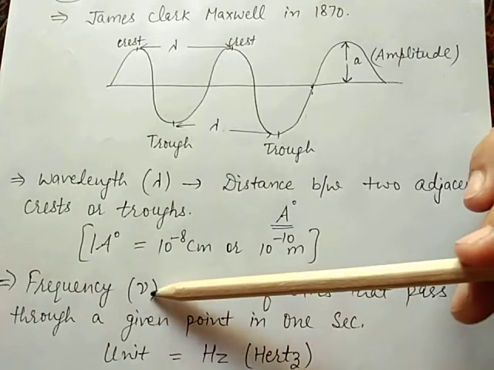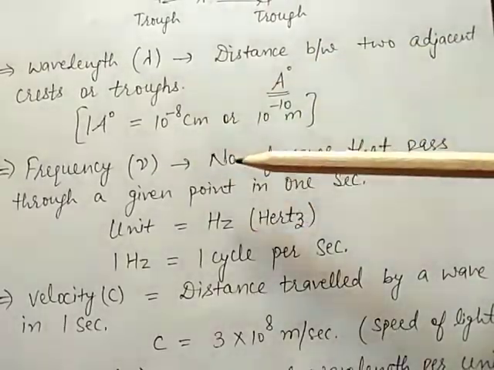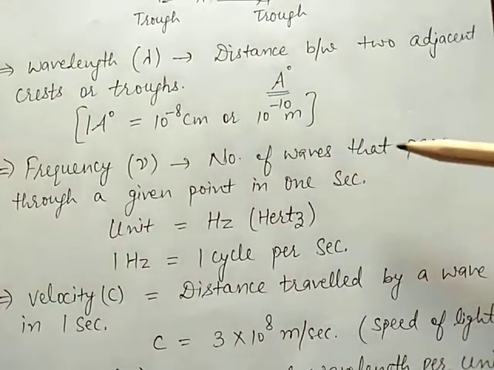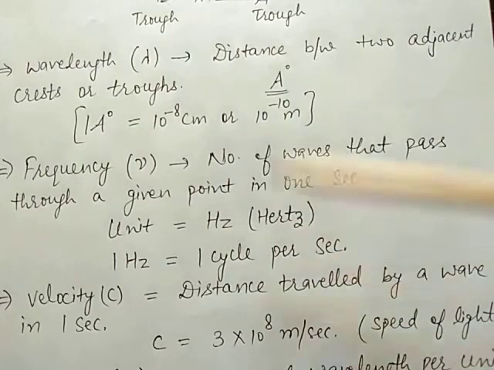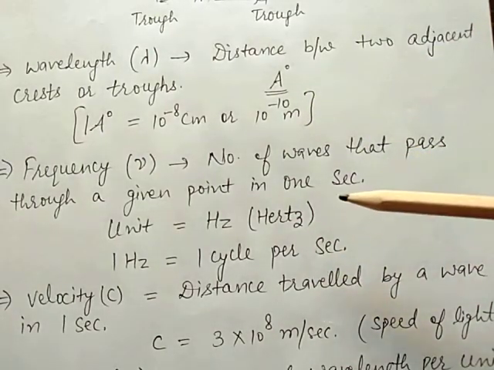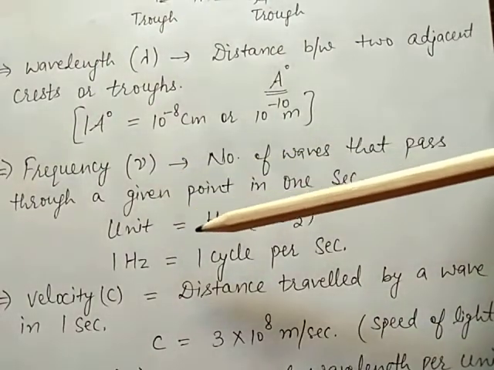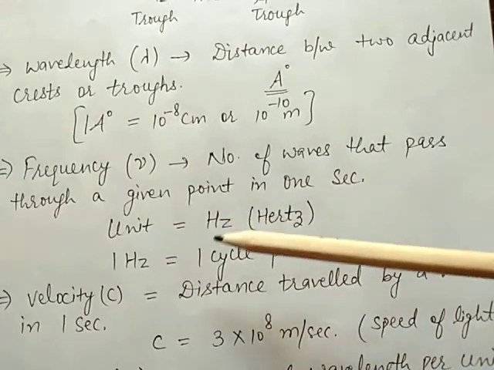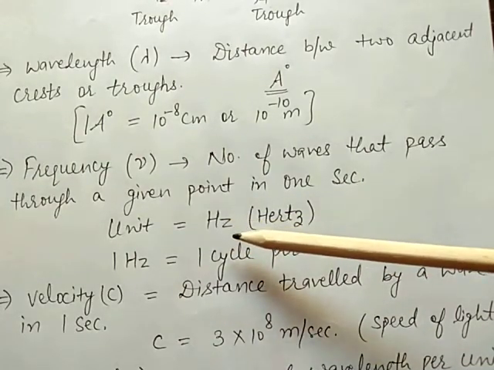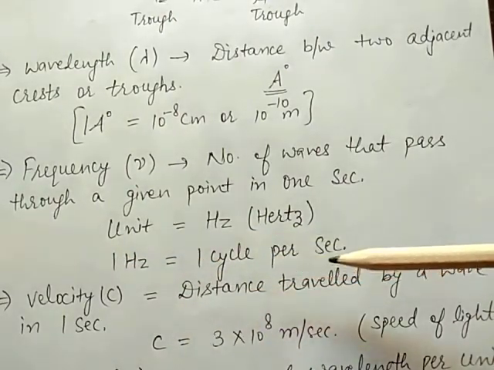Frequency is denoted by nu. It means the number of waves that pass through a given point in 1 second. How many total waves pass in 1 second? Its unit is hertz. Its symbol is Hz. 1 hertz is equal to 1 cycle per second.